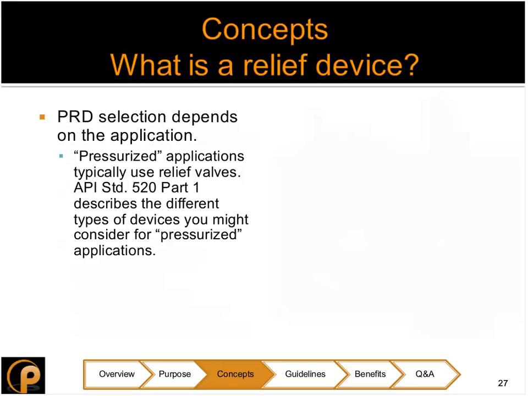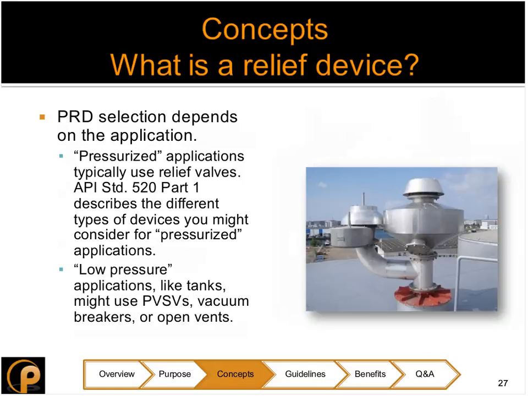API Standard 520 Part 1 tells you the different types you might consider for pressurized systems. For low pressure applications, we usually use PVSVs, pressure vacuum safety valves, vacuum breakers, or open vents. Open vents themselves may not really qualify as a relief device because it's just an open vent, but the purpose is really the same thing.